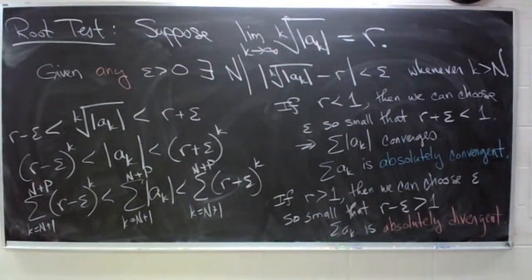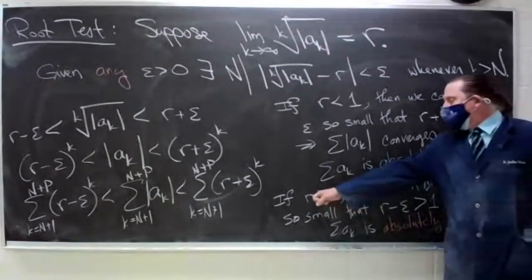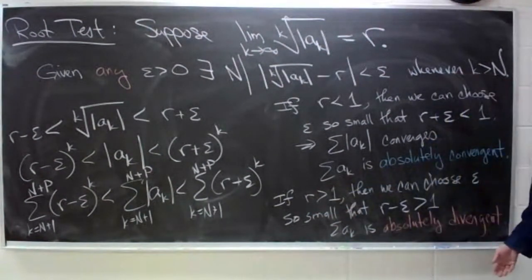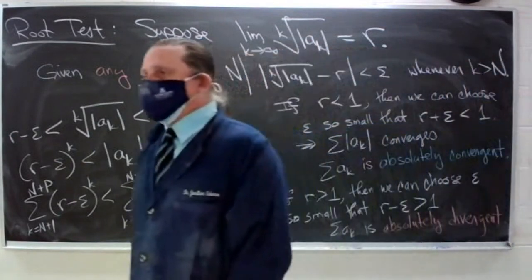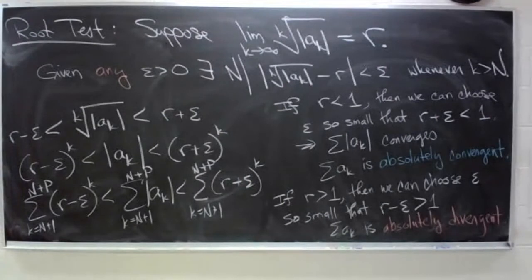Note, strangely, that does not mean that it's divergent. Well, actually, if r is greater than 1, then the series will be divergent. But it is possible for a series to be absolutely divergent and yet converge.